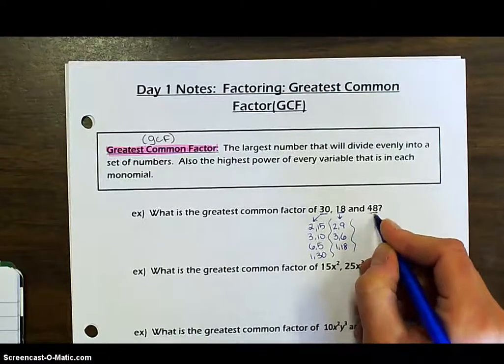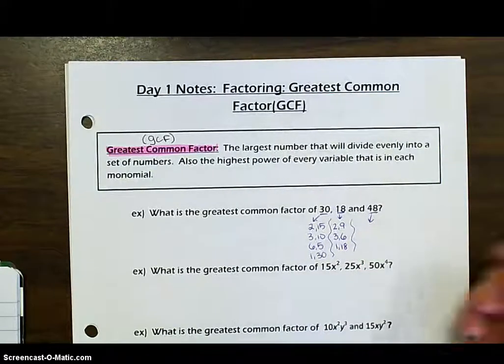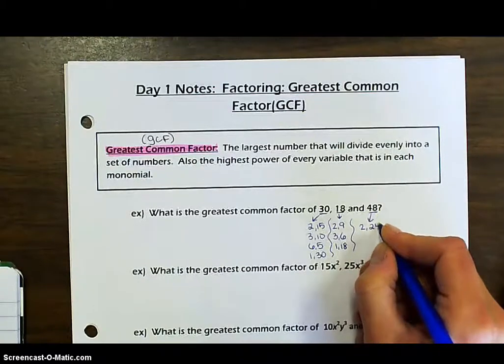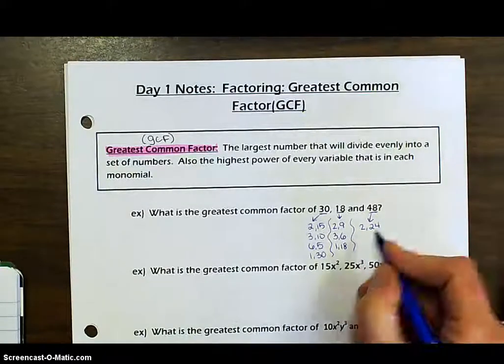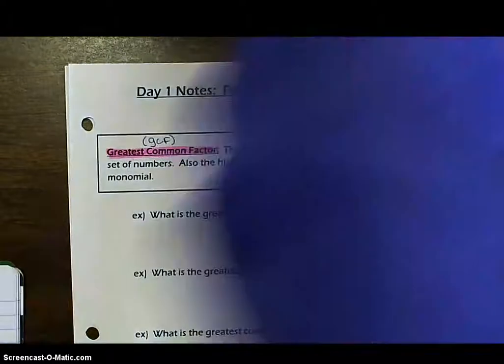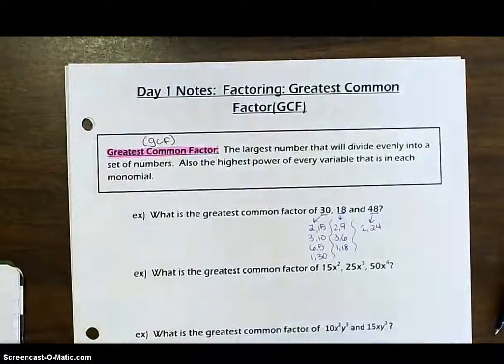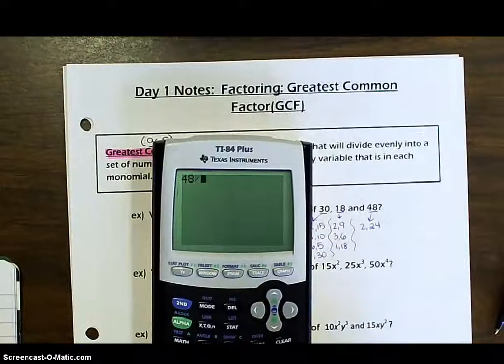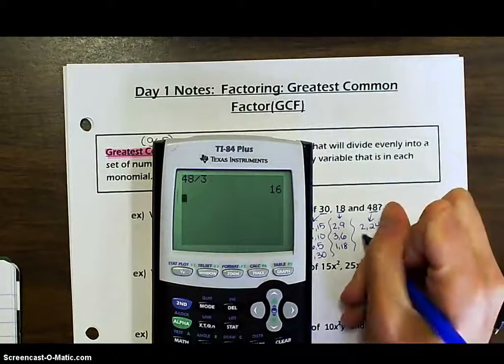Okay, now let's try 48. What goes into 48? 2 goes into 48, 2 times 24. Let's see, will 3 go into 48? Remember, if you don't know for sure, you can always take out your calculator and double check. 48 divided by 3 goes in 16 times.